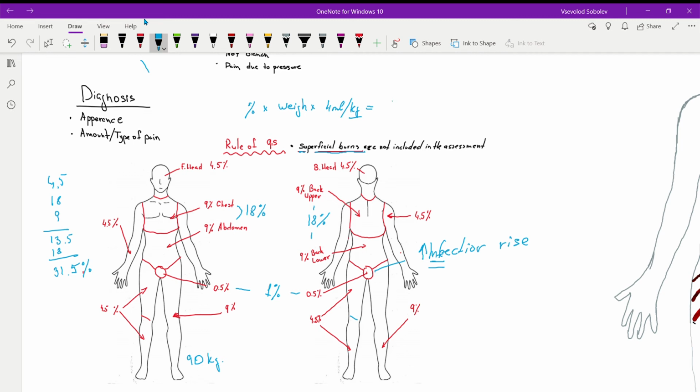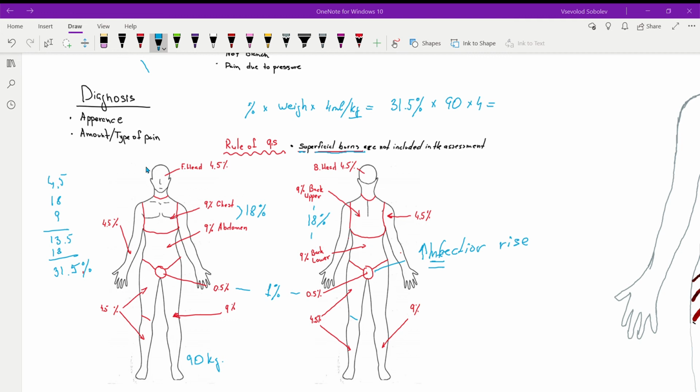So you plug these numbers into this formula. You get 31.5% burned multiplied by 90 kilos multiplied by 4. What do you get? Okay, let's use the calculator. Where's my calculator? I think it's this one. So we get, what did I say? 31.5 multiplied by 90 multiplied by 4.